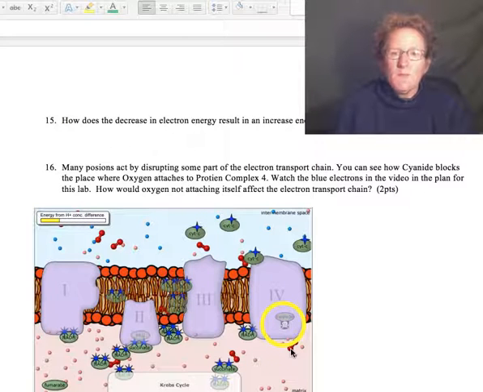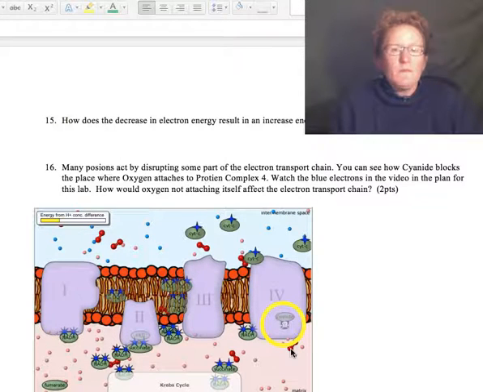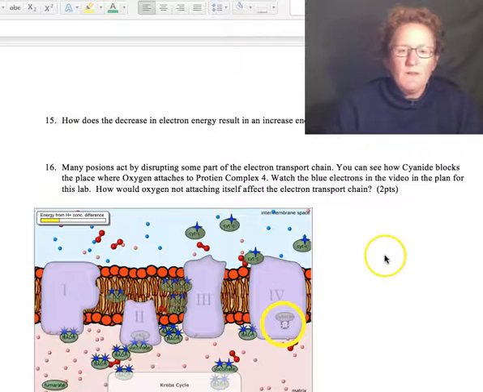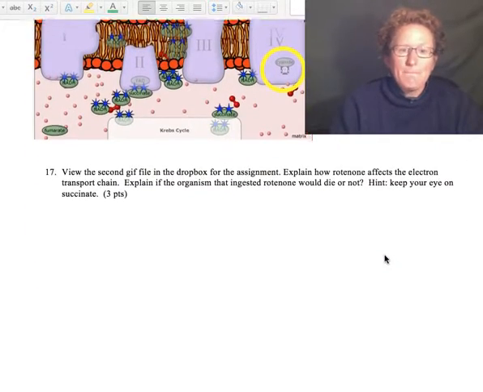And if we don't have oxygen, we can't put the protons into water and transfer those electrons to finish the electron transport chain. So that's pretty serious. If you stop breathing, so you don't have any oxygen, or you ingest a whole bunch of cyanide and you disrupted the electron transport chain of all of your mitochondria, life is going to be pretty sad for you. In fact, you're not going to be alive too much longer if you take a lot of cyanide.